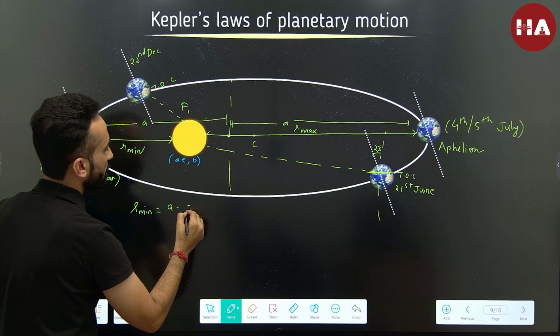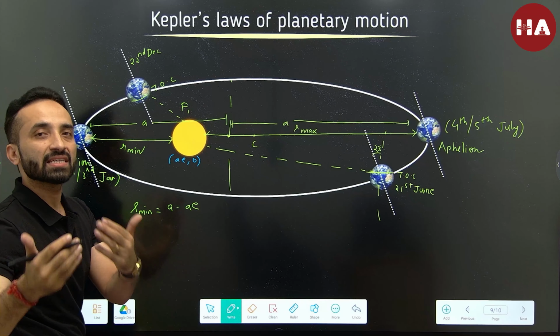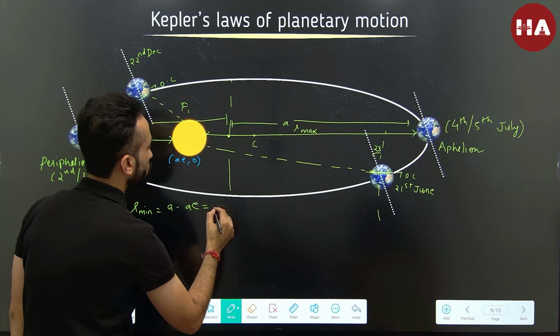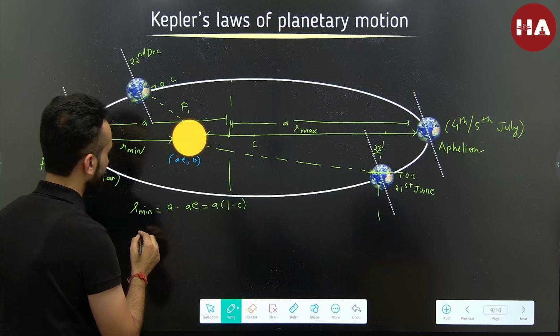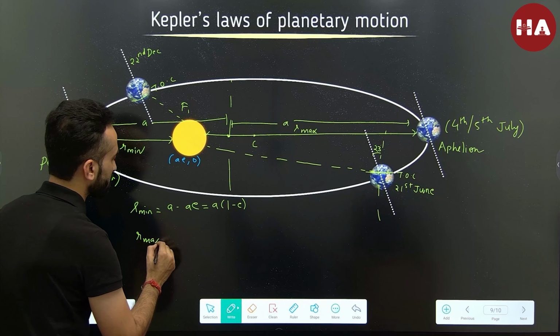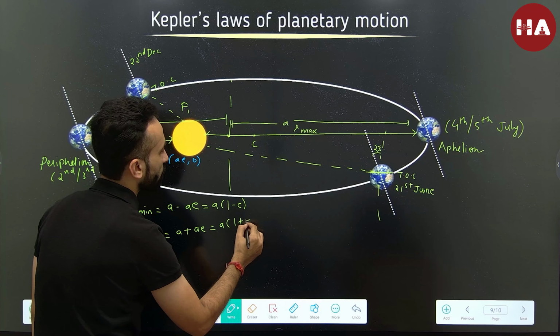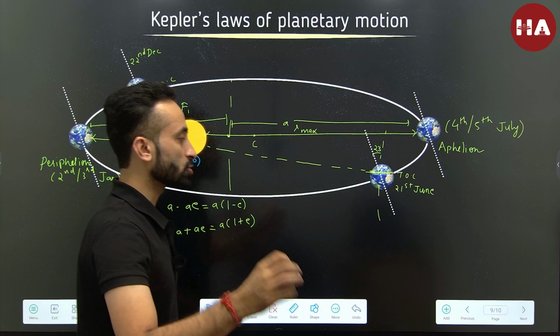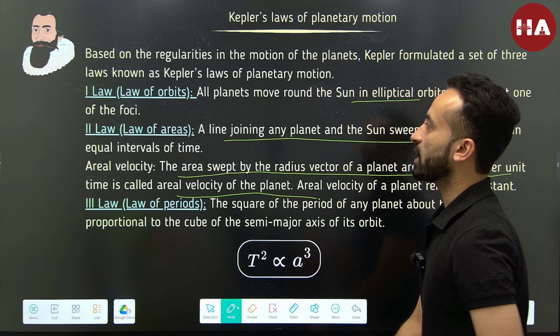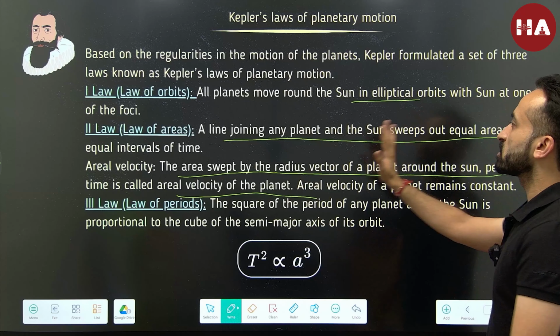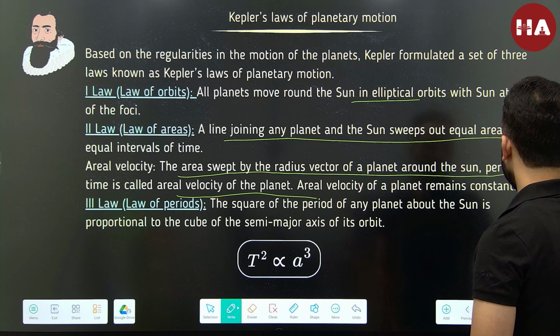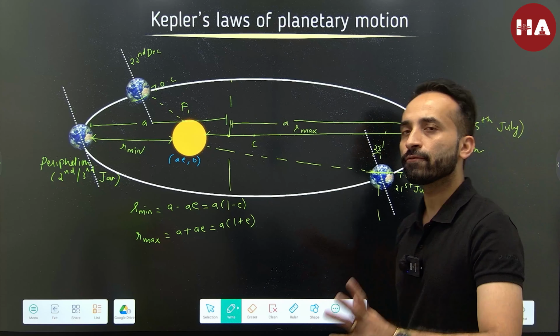So this is A minus AE, where E is the eccentricity. So that is equal to A times 1 minus E, while the maximum distance is going to be A plus AE, and that is going to be A times 1 plus E. So are you able to correlate with the first law now, that all planets move around the sun in elliptical orbits with the sun at one of the foci?